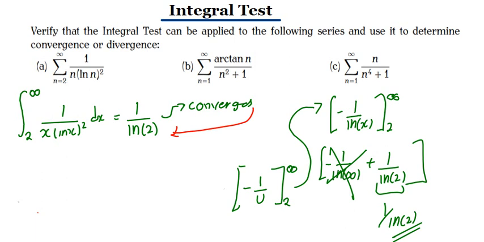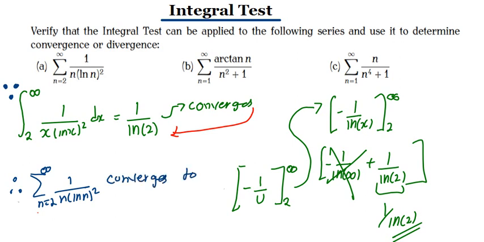So, this being what we have found, therefore I can write, I'll say because, that's a shortcut for because that is equal to that, therefore that series there, ln of n squared, converges.